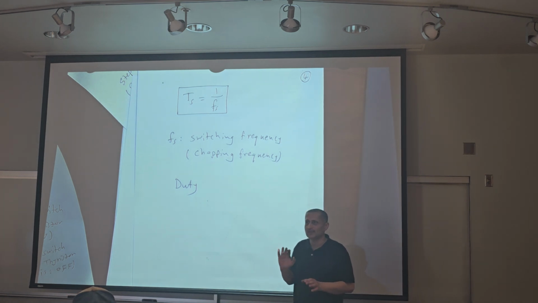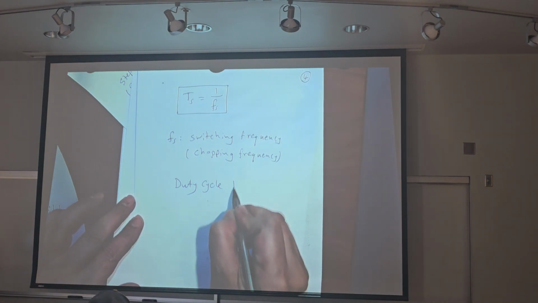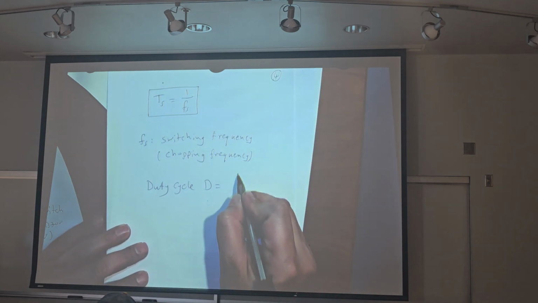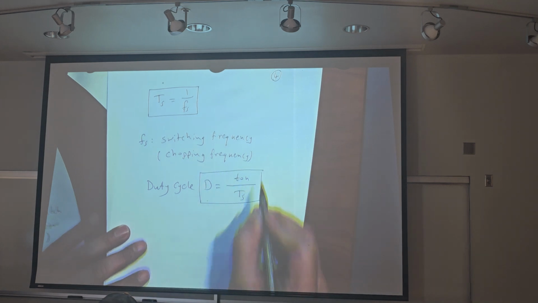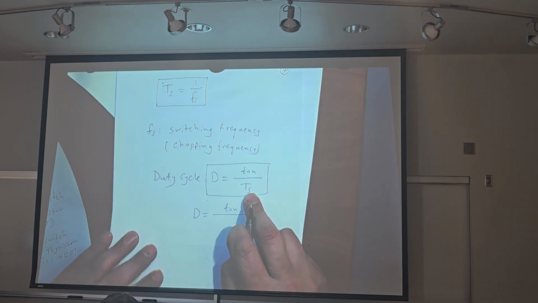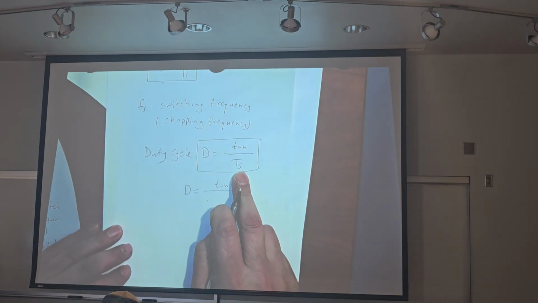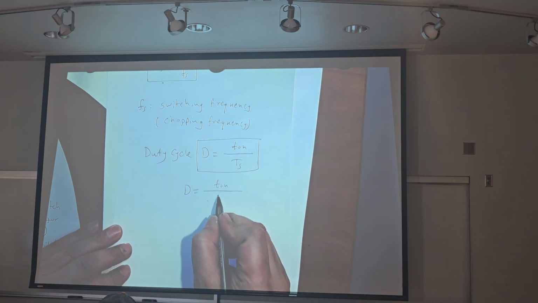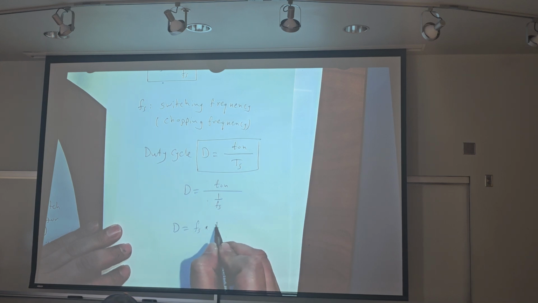So the duty cycle D equals T on divided by TS, and because TS is 1 over Fs, the duty cycle equals Fs times T on.